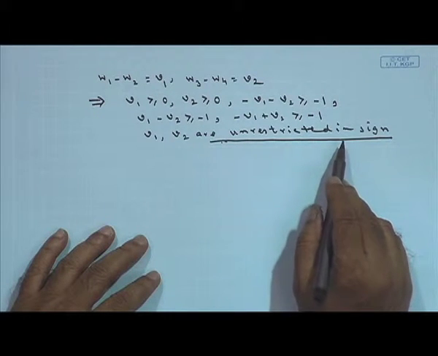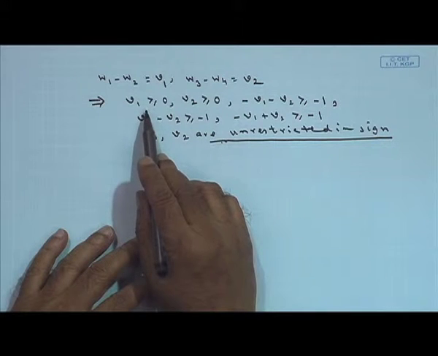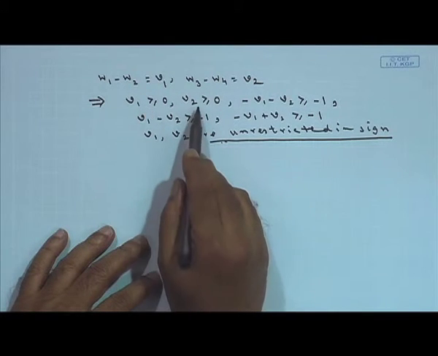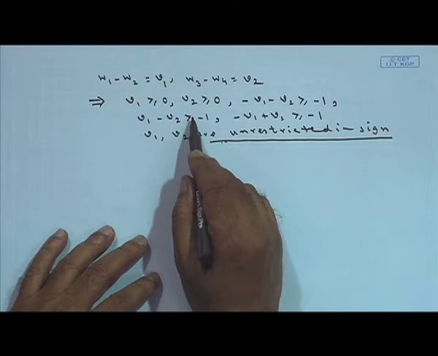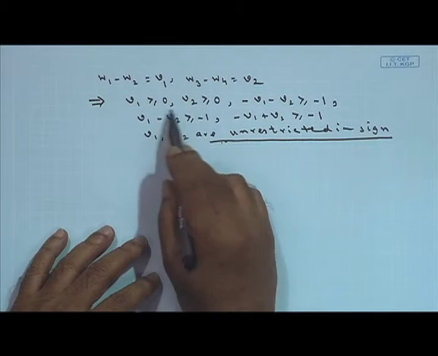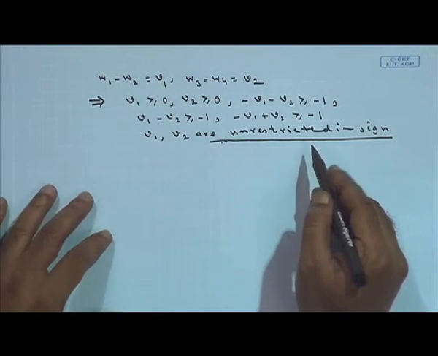The reason is V1 we have already said is greater than or equal to 0, and V2 is also greater than or equal to 0. So, because of these two constraints, this is redundant and we will not use it.